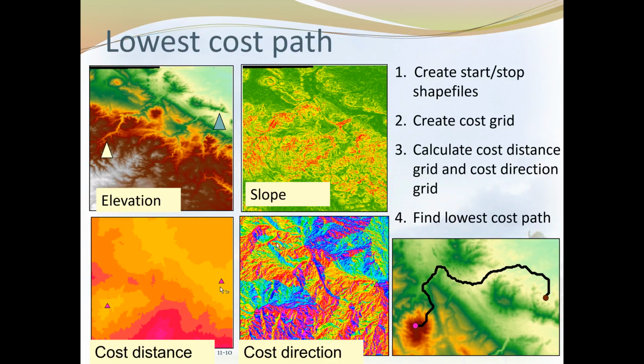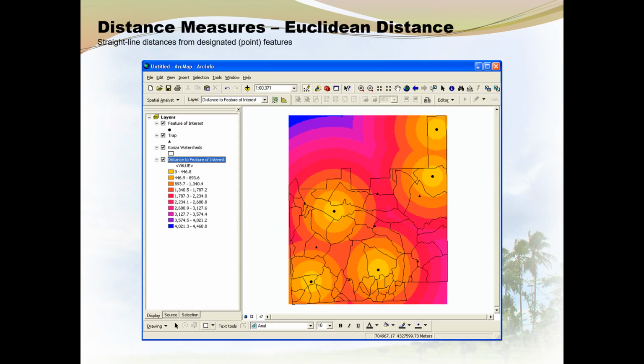These rasters can be combined to calculate the least cost path between 2 points, indicating the easiest journey rather than the shortest. Here, a slope raster was used to designate the cost, and a least cost hiking trail was calculated. Okay, so here is an example that a university did in Kansas.